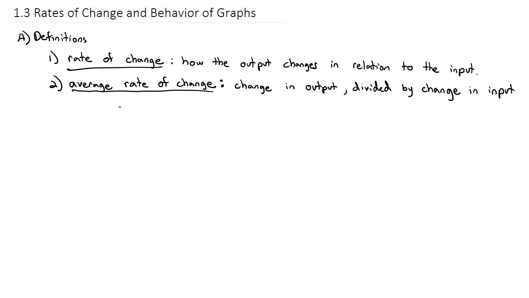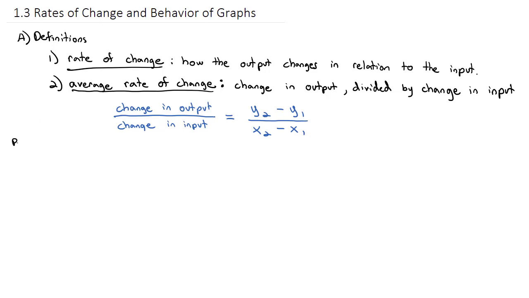In other words, we're calculating the change in output and we divide it by the change in input. Or as a formula, you might see y2 minus y1, subtracting the two outputs, and x2 minus x1, subtracting the two inputs, and then we divide them.